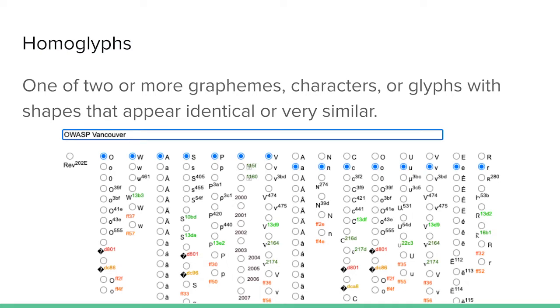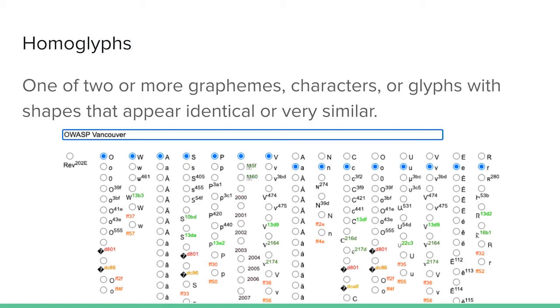Homoglyphs are basically Unicode characters that look the same, but in effect are different characters. This is a screenshot from a homoglyph generator. I've just entered OWASP Vancouver, and you can see there's a whole bunch of different options for changing the string using different characters, but it's still going to look very similar or exactly the same in many cases.